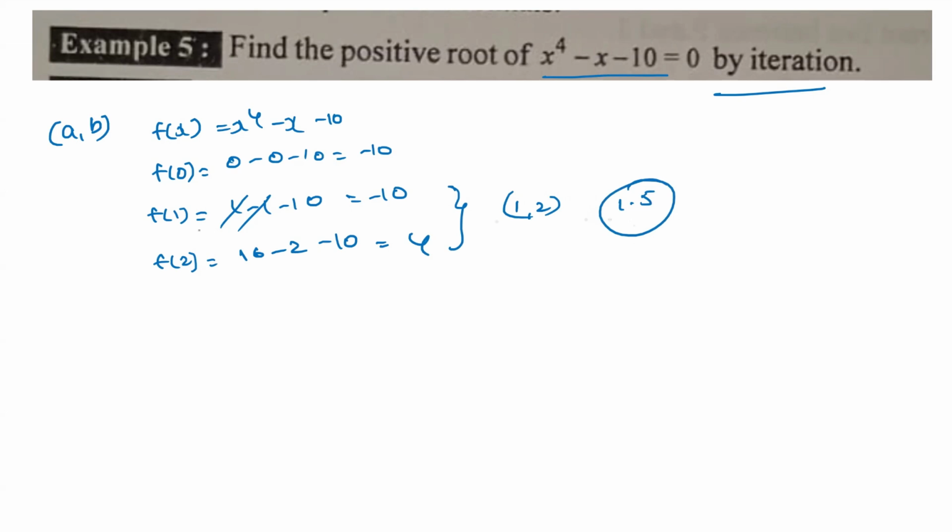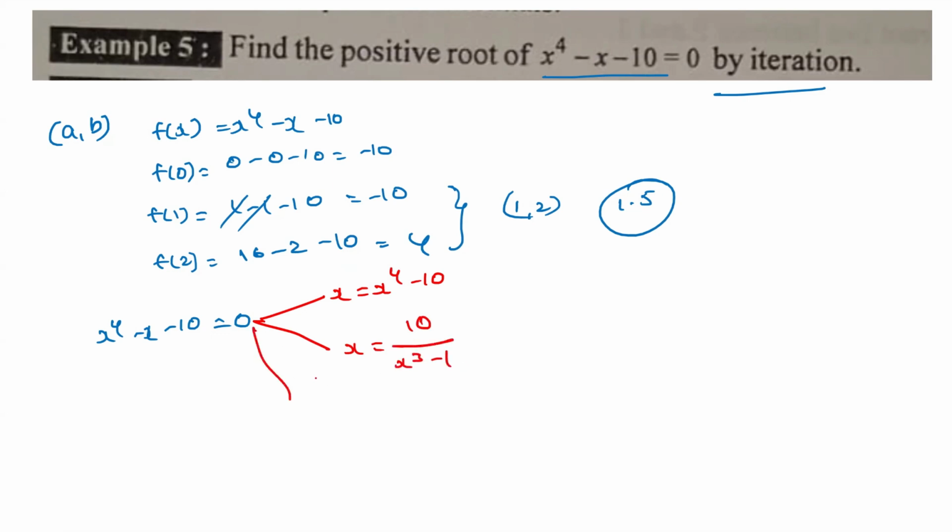Now I take this random value as 1.5, and I need to find what phi of x is. So x power 4 minus x minus 10 is equal to 0 can be written in three forms. I can represent this in the form of x is equal to x power 4 minus 10, and I can also write it in the form of x is equal to 10 by x cube minus 1.